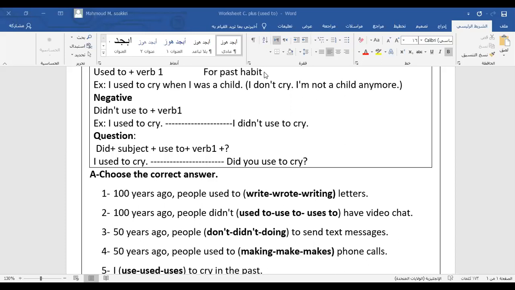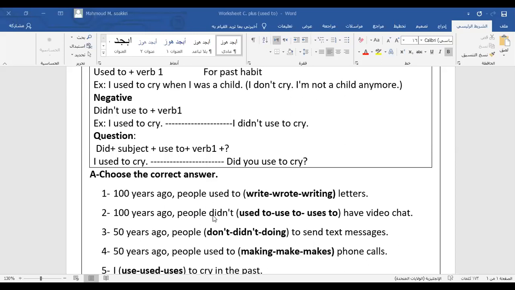Mazen. Yes, Mazen. Number 2, 100 years ago, people didn't. Remember? Look here at the example first. We use didn't use to.